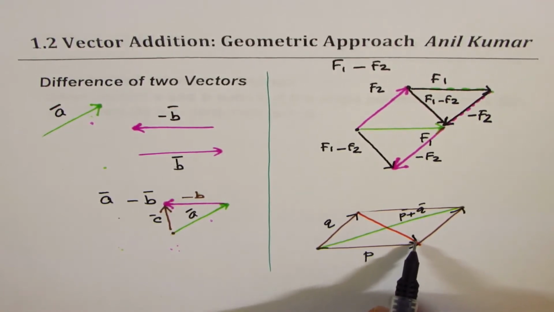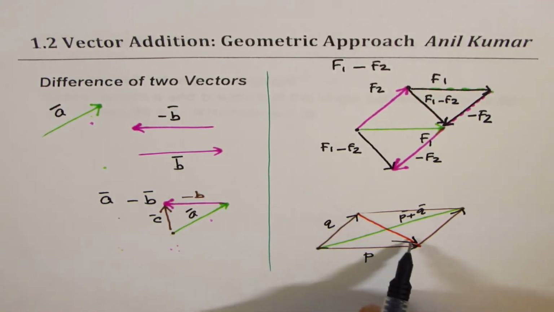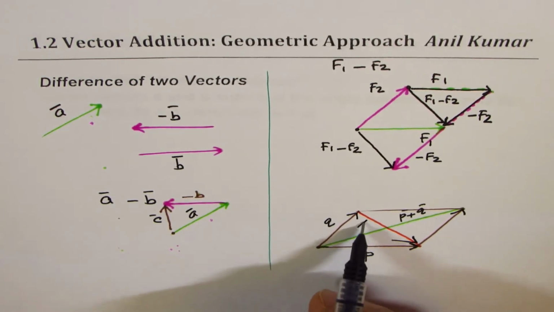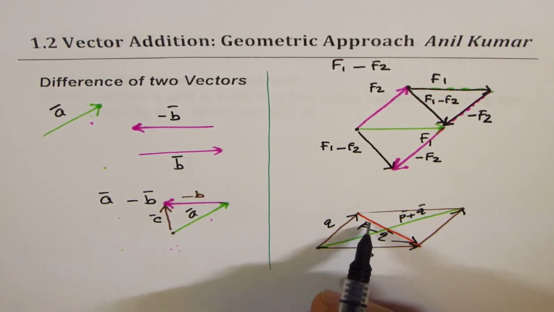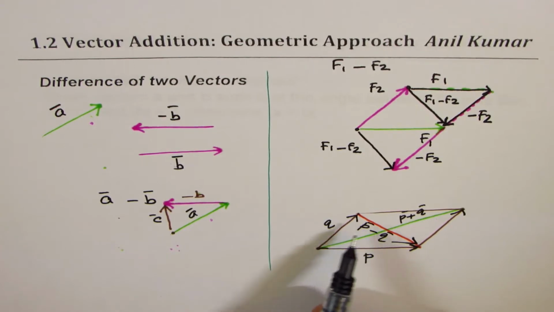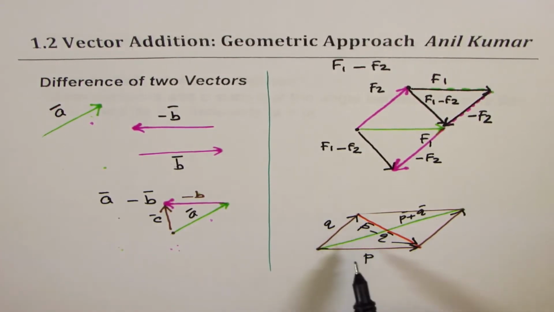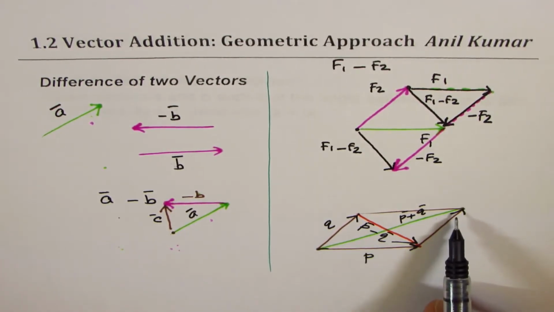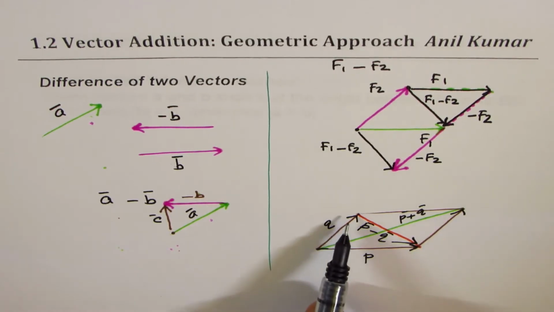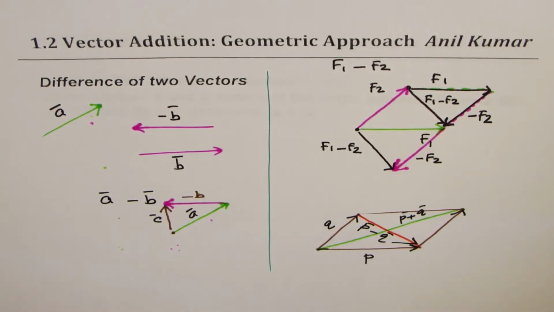If you look into this diagonal, that is P minus Q. Do you see that? So if you complete a parallelogram, then one diagonal represents addition of two vectors, the other one represents subtraction of two vectors. Perfect?